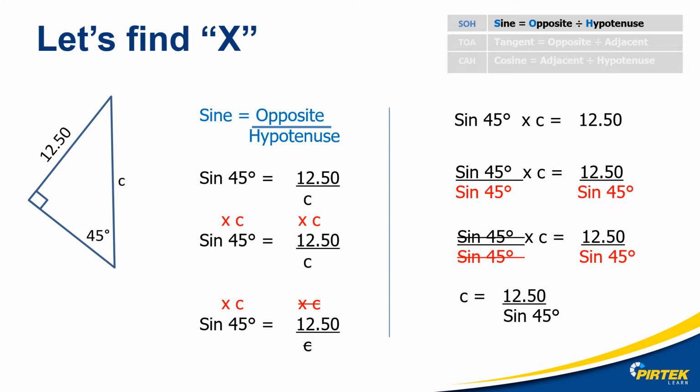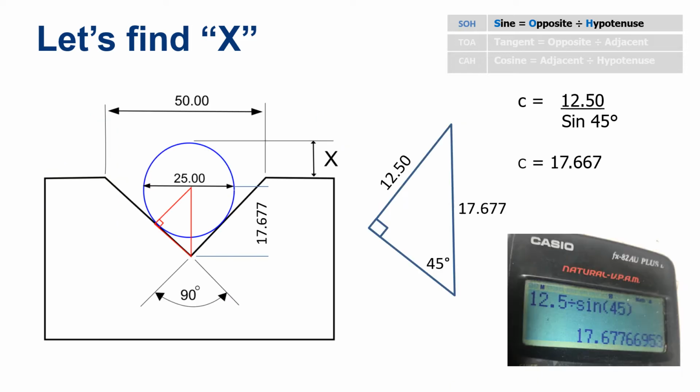Let's divide both sides of the equal sign by sine 45 degrees. The sine 45 degrees cancel out on the left hand side, leaving C on its own and the subject of the equation. Therefore, C equals 12.5 divided by sine 45 degrees. So 12.5 divided by sine 45 degrees equals 17.667.